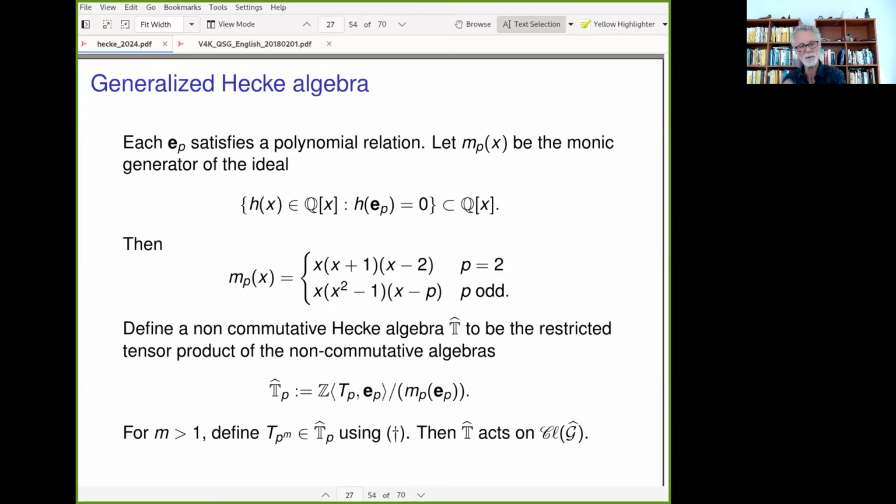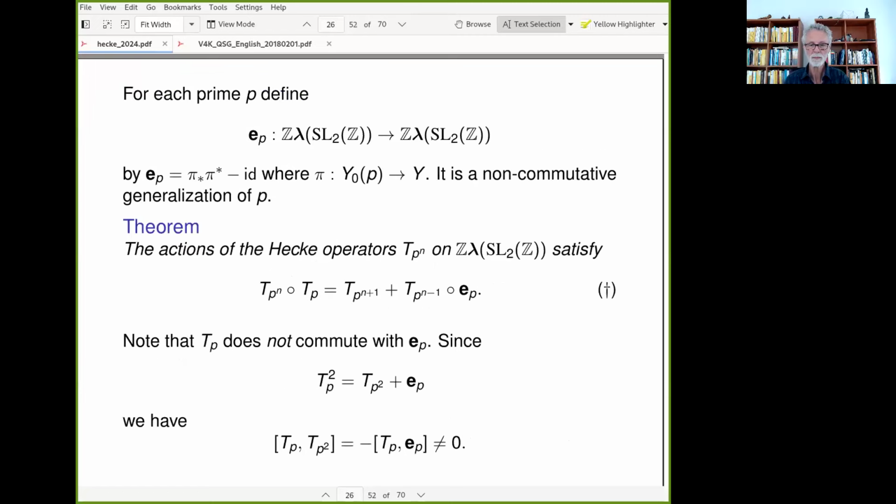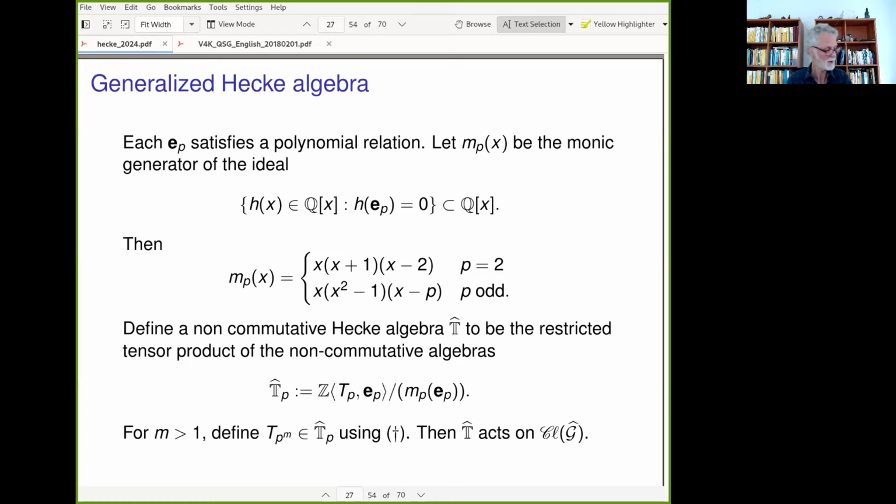I mod out by this relation I didn't explain. And then I'm going to take T hat to be the restricted tensor product of these algebras. And this acts on the, oops, I wrote something down too soon there. All right, I'll get back to that. This acts on the, let me just get there.